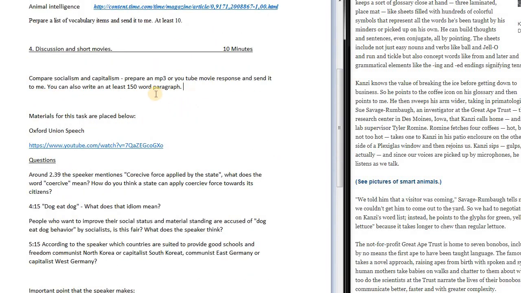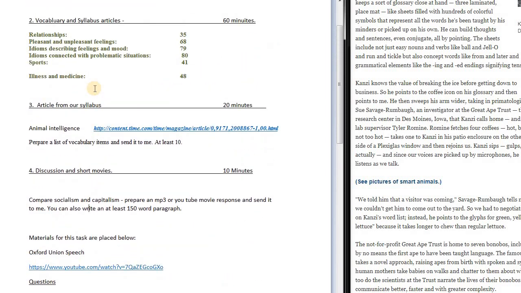Or write at least a 150-word paragraph, but that's the minimum, okay? It should probably be longer, but if you really don't have time, for some reason you're sick or something, then at least a 150-word paragraph. Okay, so that's another homework.